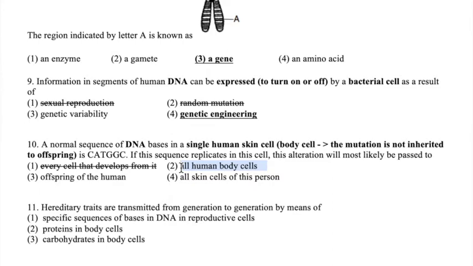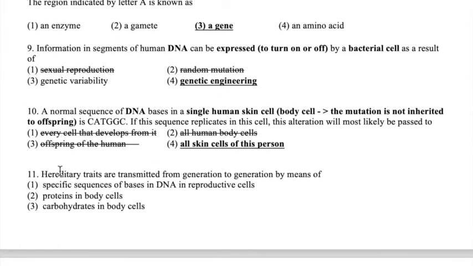Again, all human body cells, so my skin, my heart, my lungs, yeah, so that's not it. Offspring. Now, as we just mentioned, a skin cell is a body cell. So a body cell is not going to be heritable. So our answer is all skin cells of this person. It's all skin cells, so those are the only ones it is passed down to.